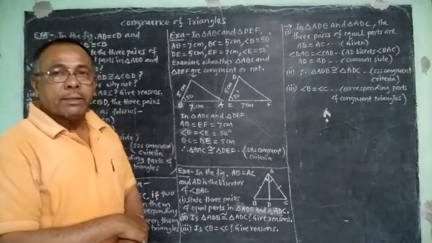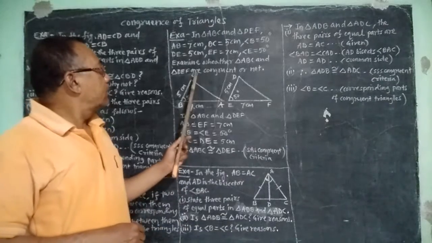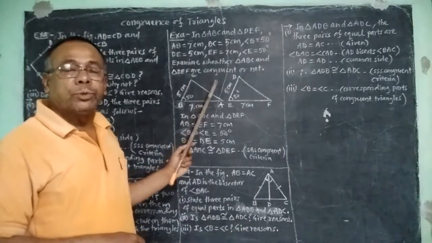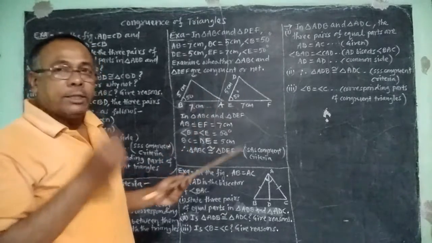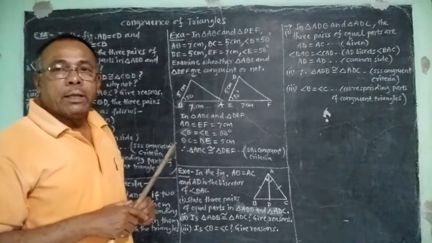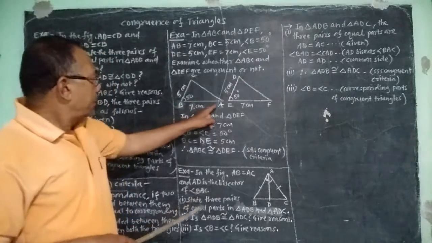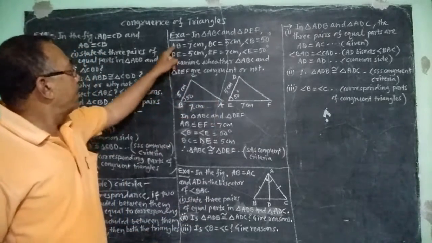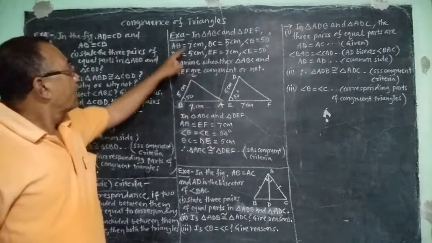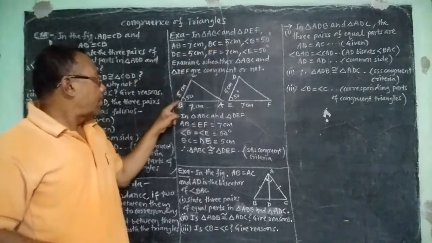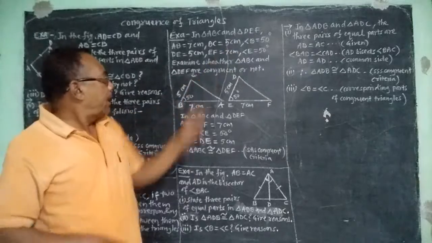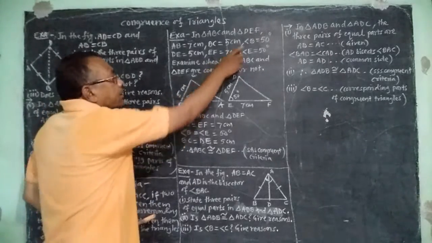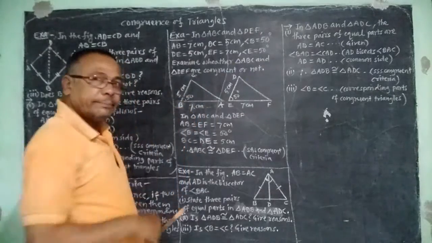Means we have to examine. To examine the congruency of the two triangles, we have to apply the congruent criteria. So here triangle ABC, in which AB is equal to 7 centimeter, BC is equal to 5 centimeter, and the angle included by these two sides, that is angle B, is equal to 50 degree.